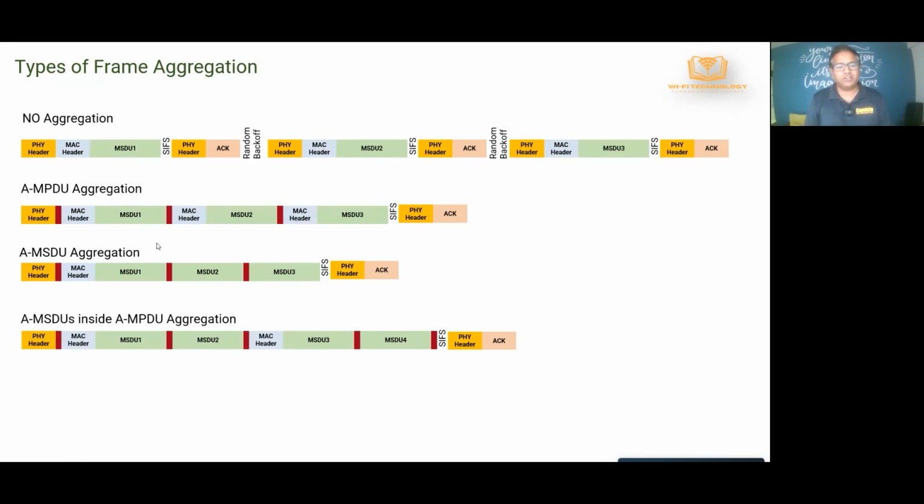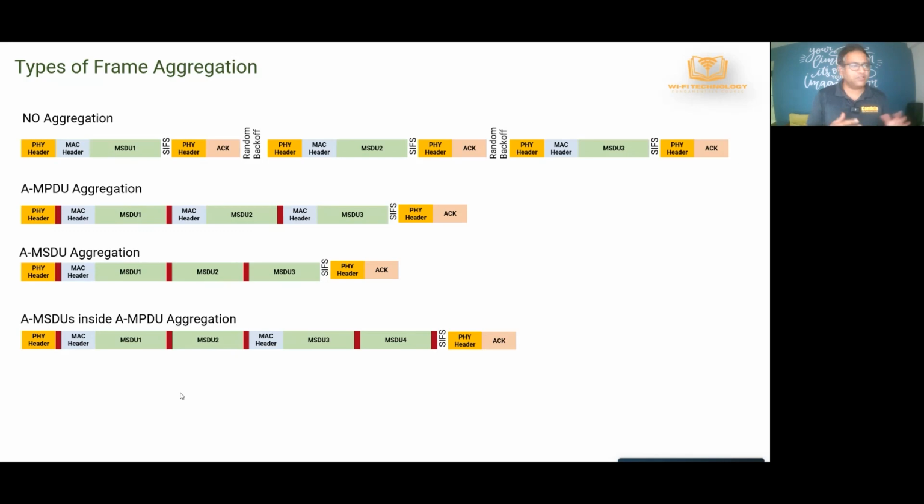Let's assume this is one AMSDU where you combine two things, and it will have its individual MAC header. So every 2 MSDUs, or every 5 or 10 MSDUs, will have one MAC header, and then they will be clubbed together into an AMPDU, and they will all have one physical layer header, right? So this is a hybrid model where you are combining both MSDU and MPDU aggregation. So these are the different methods used.